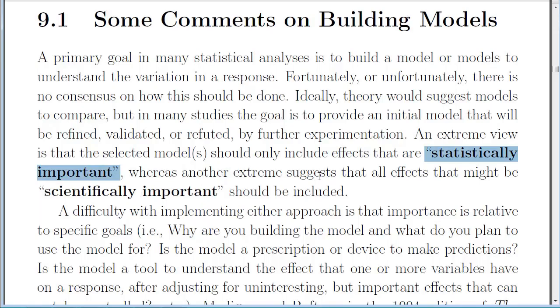Another strategy would say that, well, regardless of whether they're statistically important, we should include certain variables because they are scientifically important, whatever the scientifically part means. One situation of scientifically important is in epidemiology.